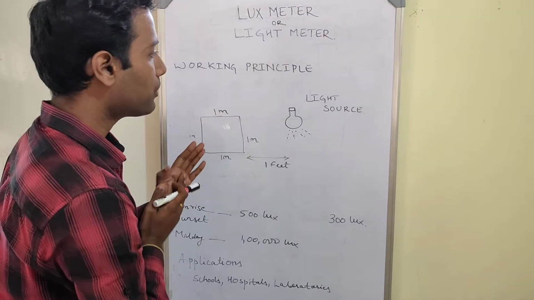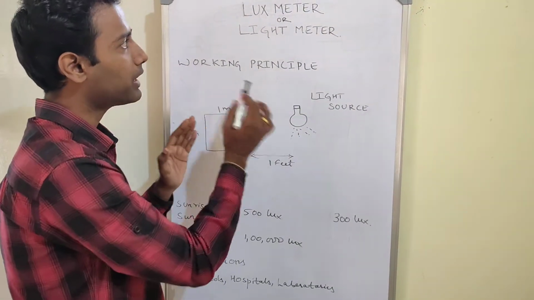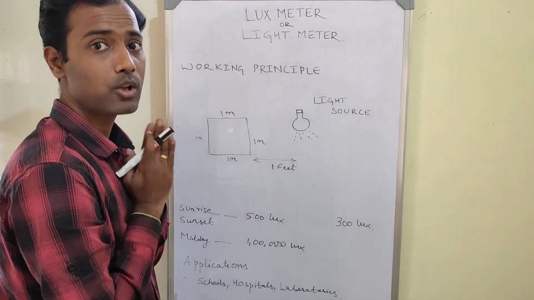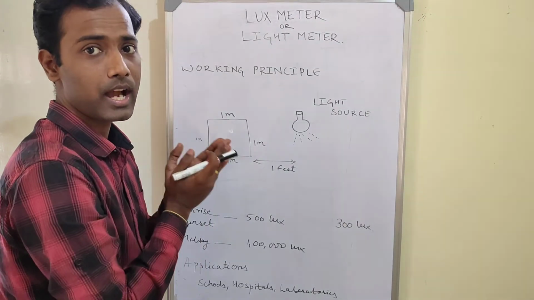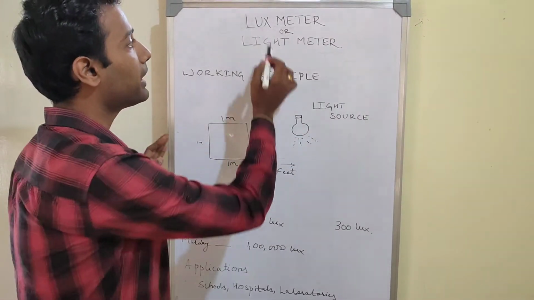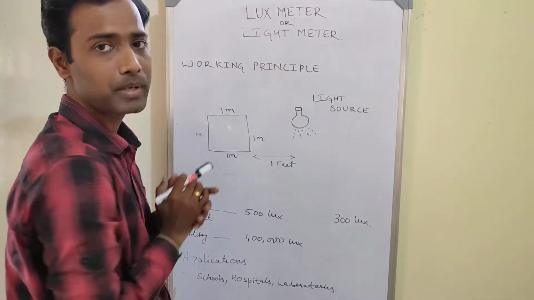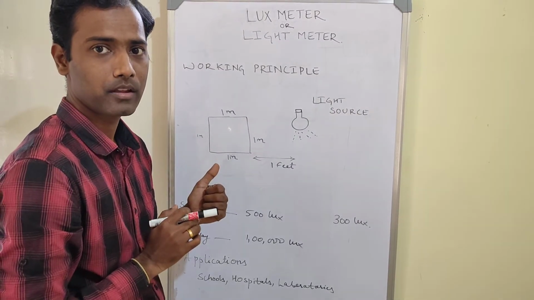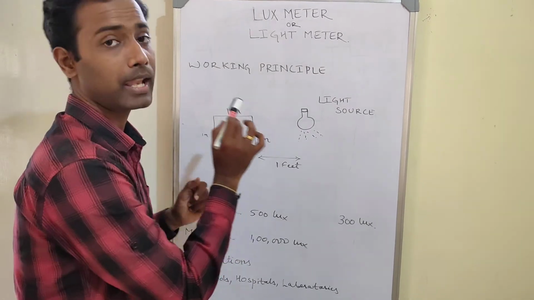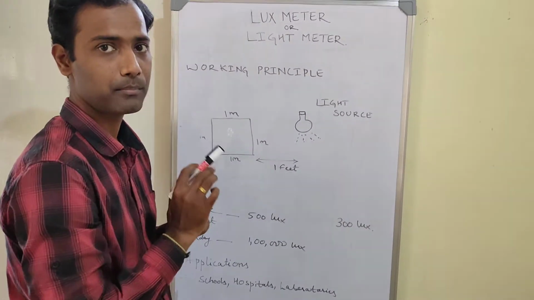So what is the important component in a lux meter which is used to get a measure of light intensity? The main components in a lux meter are the display and the light sensor. The light sensor is very important.